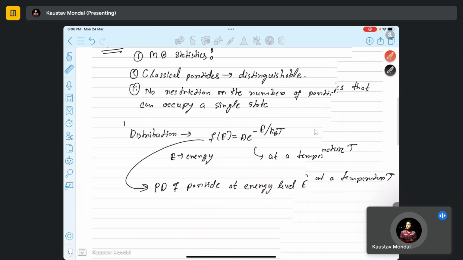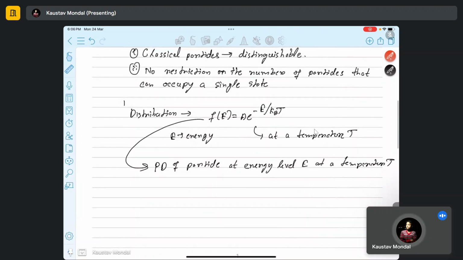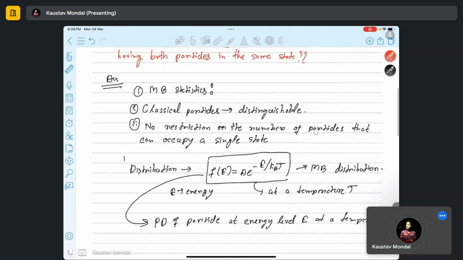This is basically known as the Maxwell-Boltzmann distribution, the MB distribution. So this is the property of the Maxwell-Boltzmann statistics.